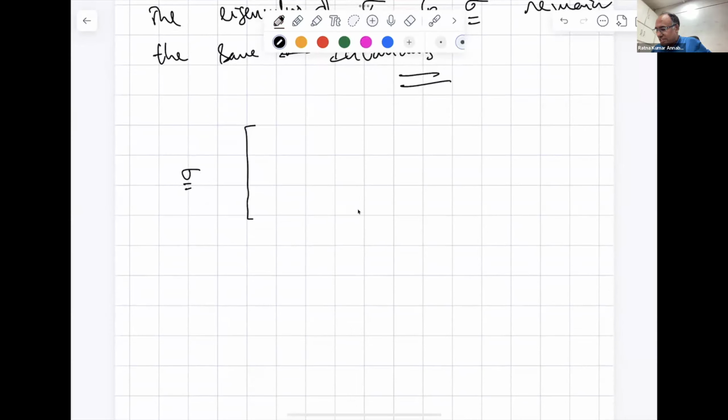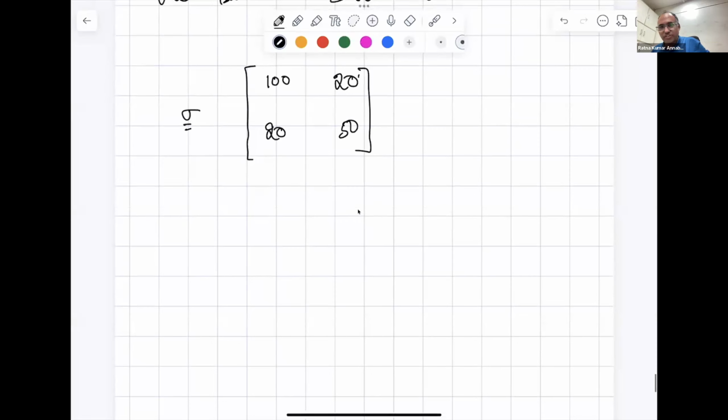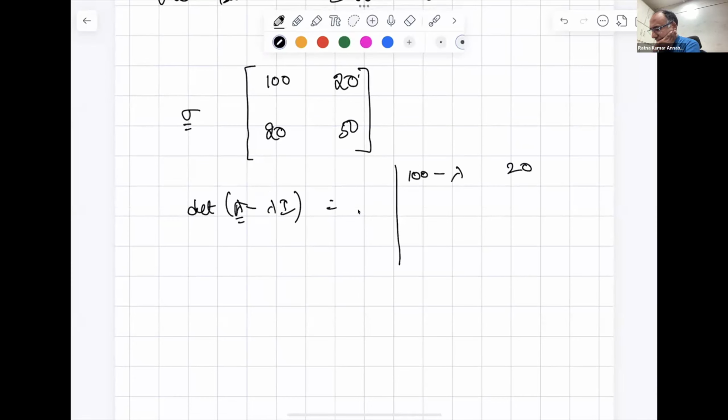So let us look at the stress states. Let us say sigma 11 is 100, sigma 12 is 20, sigma 22 is 50. Now let us find the eigenvalues of this. How do I find eigenvalues? The determinant of sigma minus lambda I, that means 100 minus lambda, 20, 20, 50 minus lambda, must be equal to 0.